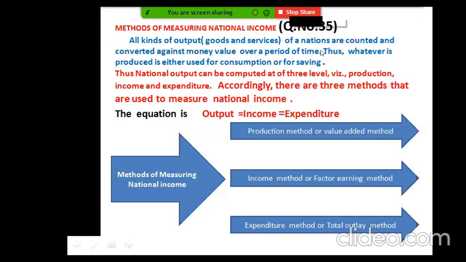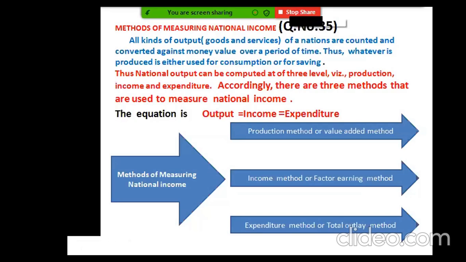Whatever is produced in a nation may be used for consumption and for savings.